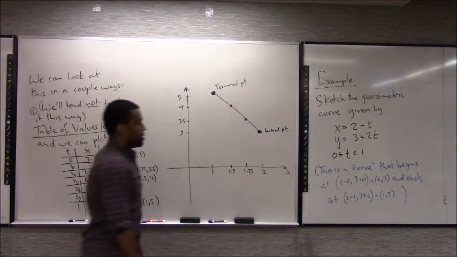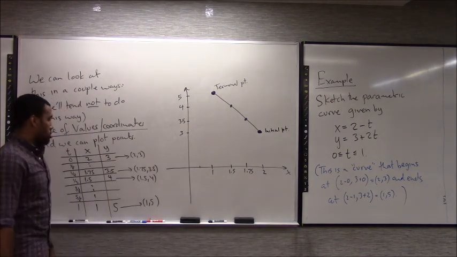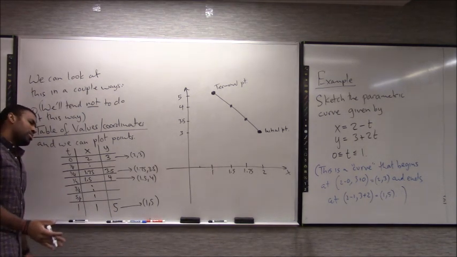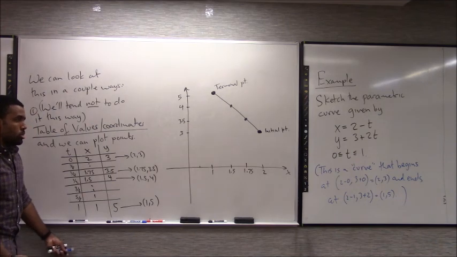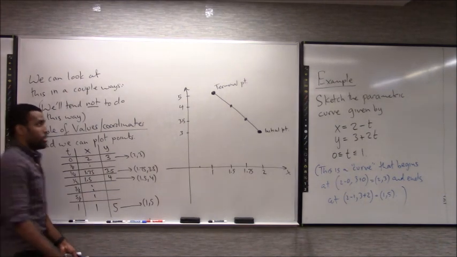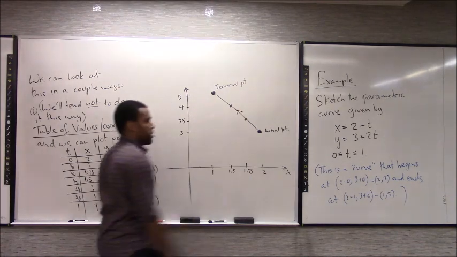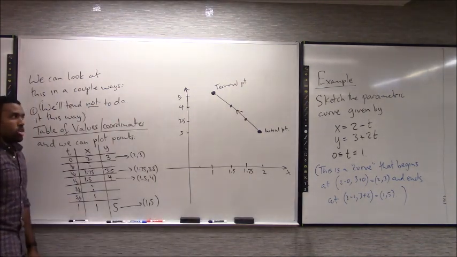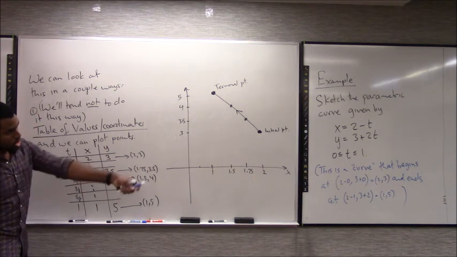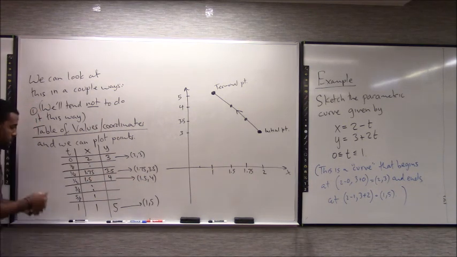So you can actually define a curve like that, but even more than that, which we're not going to get into too much, this is more something you're going to get into in multi-2 probably. This is probably the first time you're going to see that. But not only are we defining a curve, we're technically also defining a direction. So we're going to start down there and we're going to move up here.